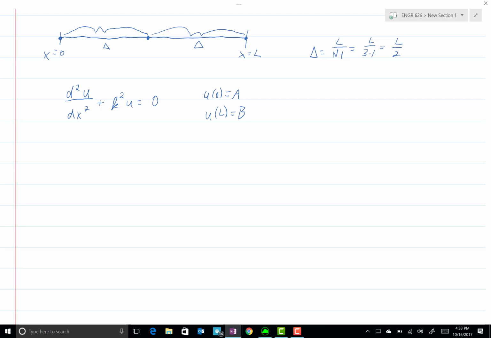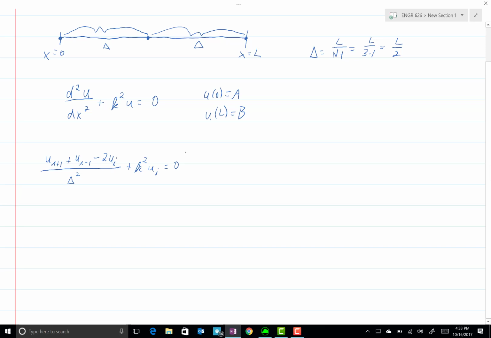Now, when we use the finite difference approximation for the second derivative, we get u of i plus 1 plus u of i minus 1 minus 2 u i, over delta squared, plus k squared u i equals 0.